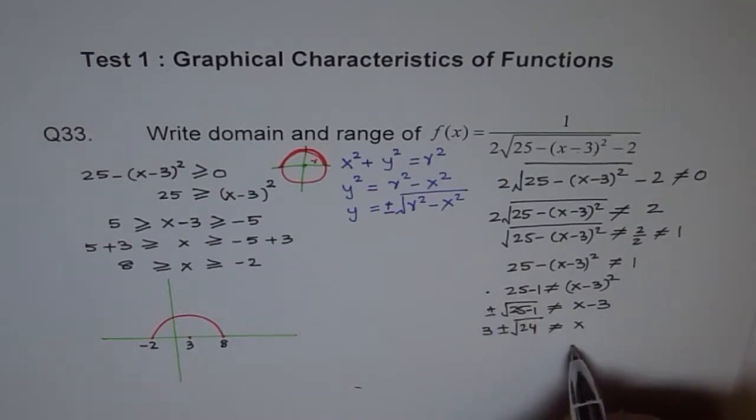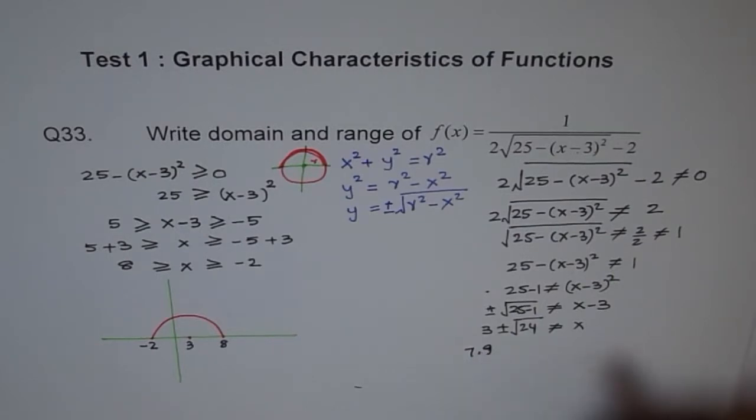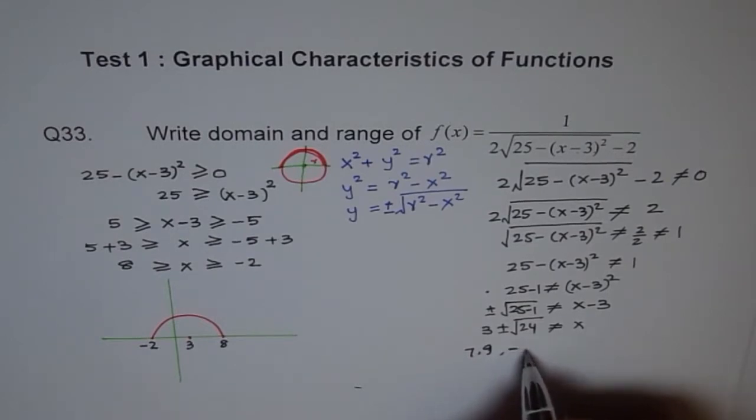So approximately I can write this as, when I do plus, I got 7.89, which I can write approximately 7.9, okay. And when I do minus, so I do 3 minus square root of 24, that equals minus 1.89.